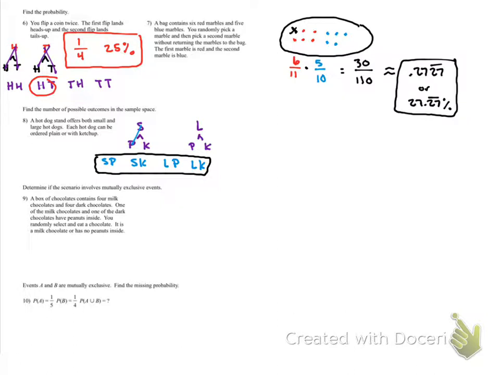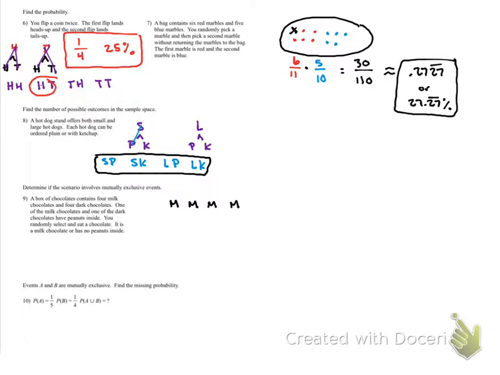Number 9, determine if the scenario involves mutually exclusive events. A box of chocolates contained 4 milk chocolates and 4 dark chocolates. So let's start drawing this out. Here are my 4 milk: 1, 2, 3, 4.